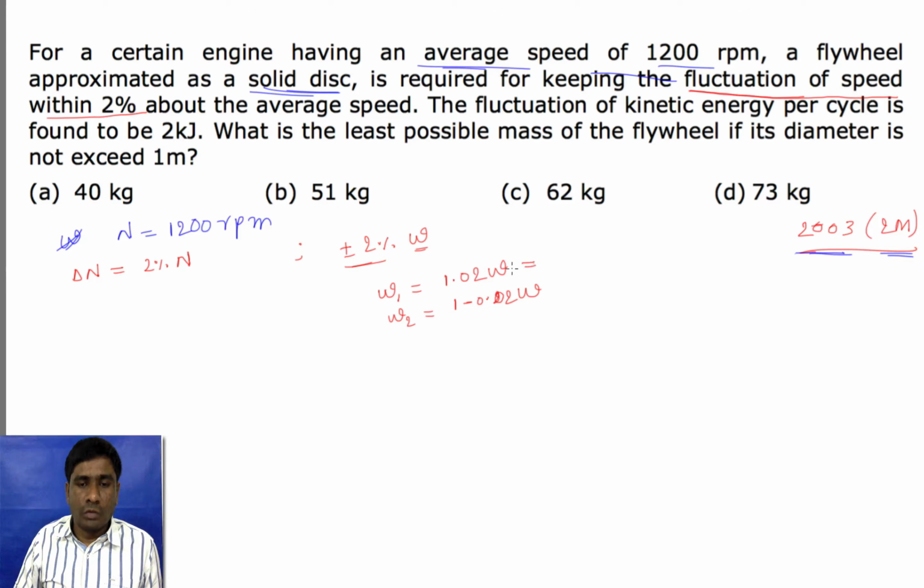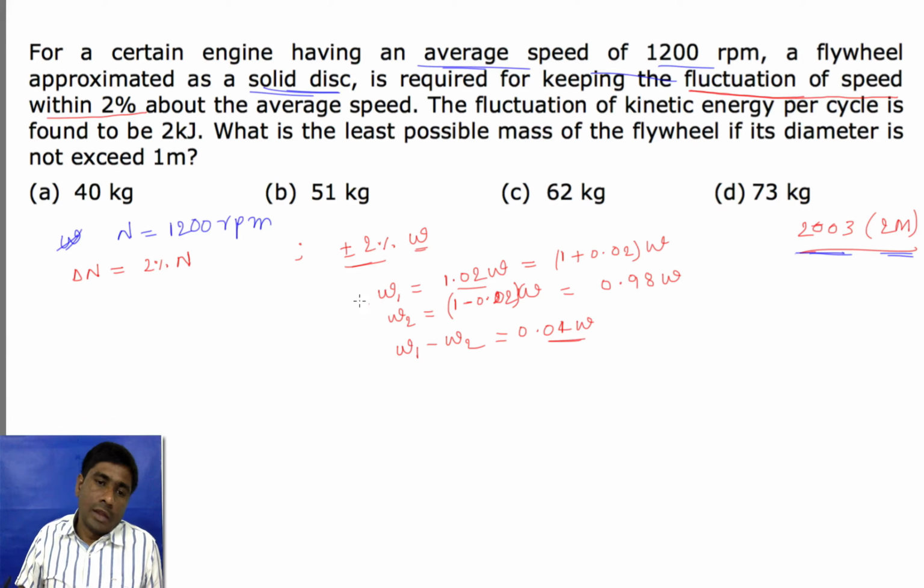Here how did we get this? This is 1 plus 0.02 into omega, and this is how we need to get it. Now how much do we get here? 0.98 omega. So if you do omega 1 minus omega 2, we get 0.04 omega.